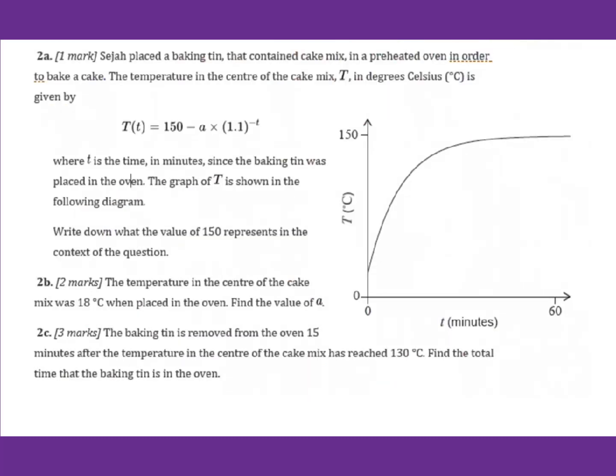Now let's go to 2a. This capital T stands for the temperature in the center of the cake mix. This lowercase t is the time since the baking tin was placed in the oven. Write down what the value of 150 represents in the context of the question.